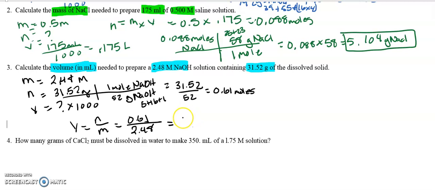Divide these two values, and you get 0.25 liters, times 1,000, because the answer calls for milliliters. So if I do that, I get 250 milliliters.